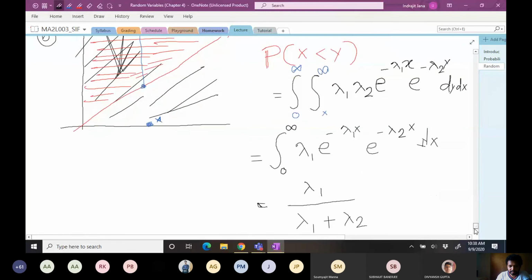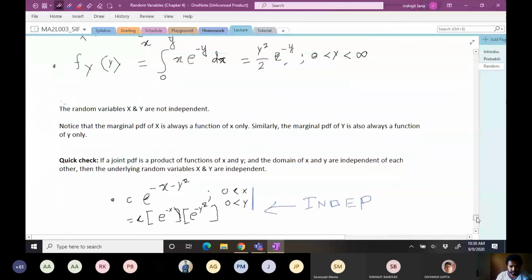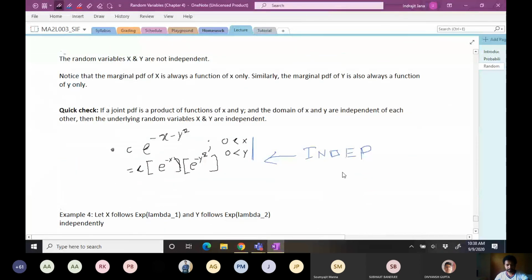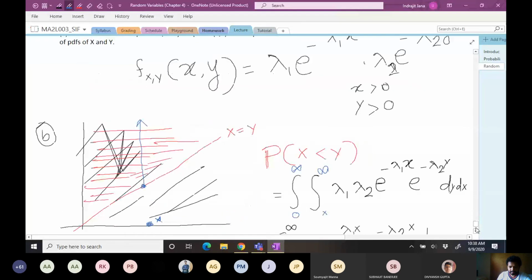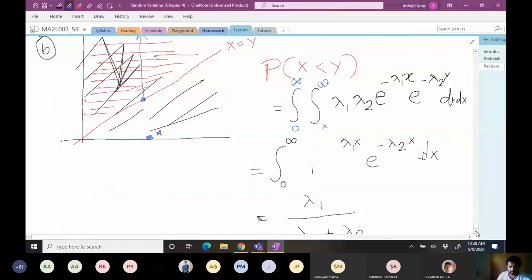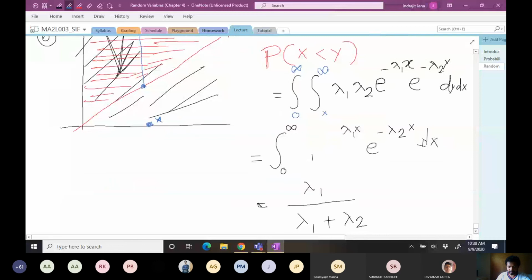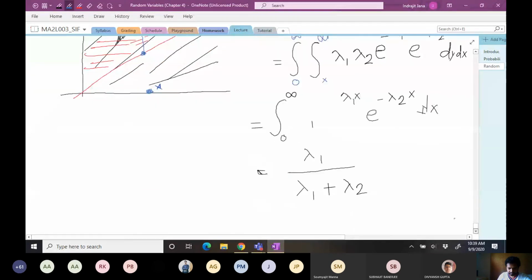If you notice the pattern, x was following exponential of lambda 1, y was following exponential of lambda 2, and the probability that x is less than y is lambda 1 over the whole sum. Similarly, if you do the probability of y less than x, it will be lambda 2 over the sum.